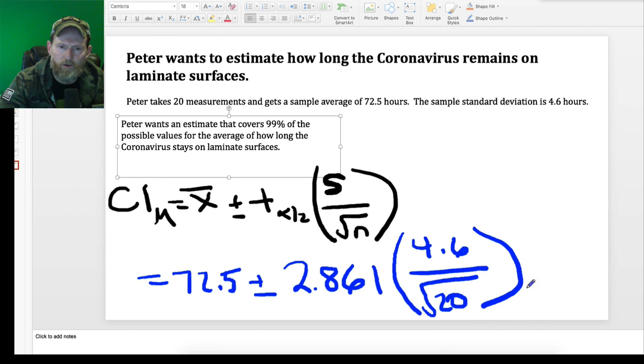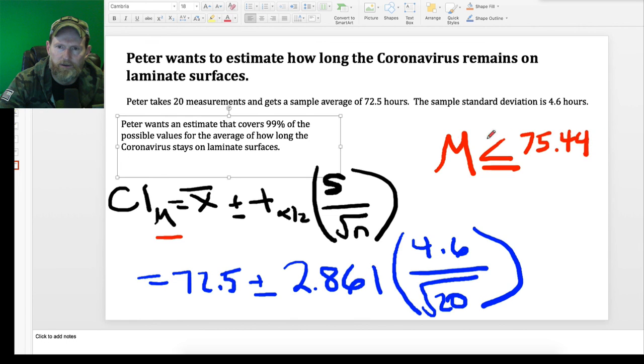So once we do all that math, our confidence interval is going to look like this. We have that mu is going to be this, what I call the center of attention. It's going to be less than or equal to the upper value, which is this plus the product of these two. For that, I get it to work out to be 75.44.